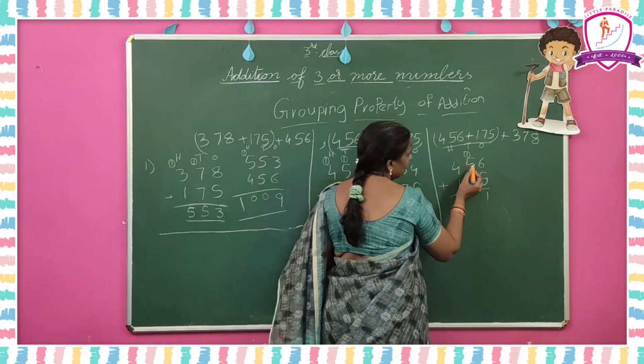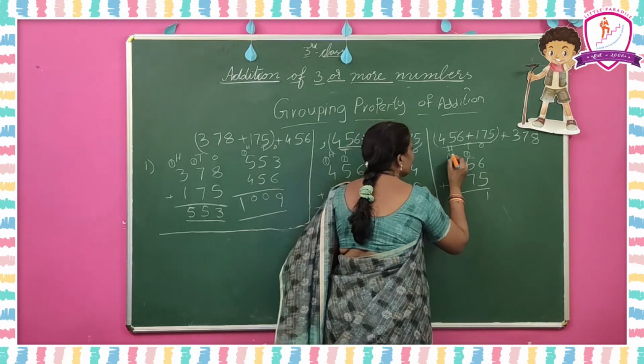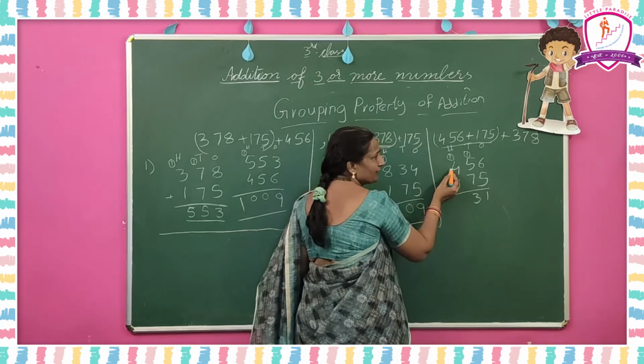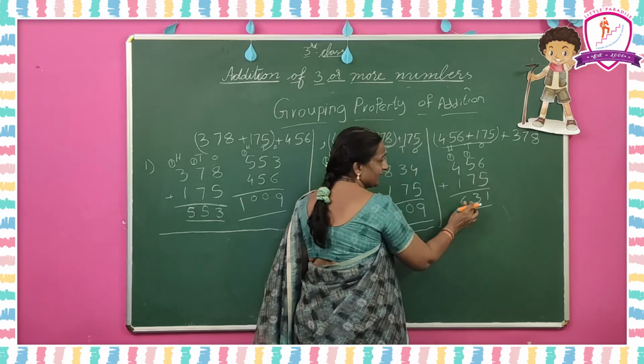Next, 1 plus 5, 6. 6 plus 7, 13. Carry forward 1 to the hundreds place, take 3 under the tens column. 1 plus 4, 5 plus 1, 6. We got 631 here.